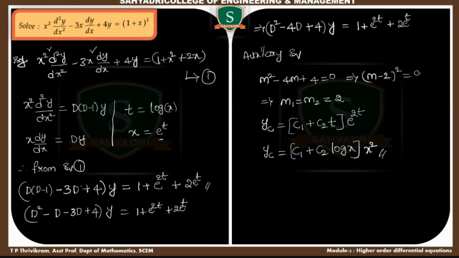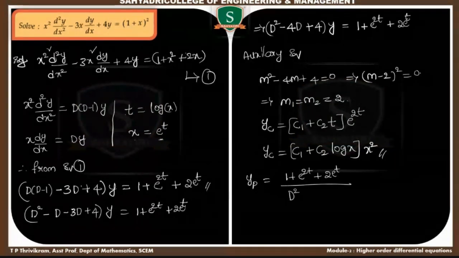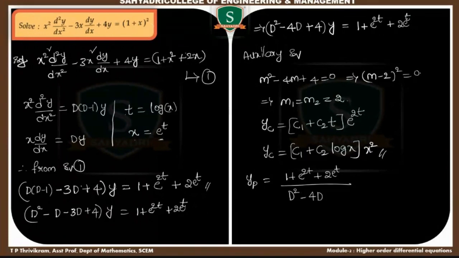Next, particular solution we need to do. So yp is equal to what happens? 1 plus e power 2t plus 2e power t divided by D square minus 4D plus 4.